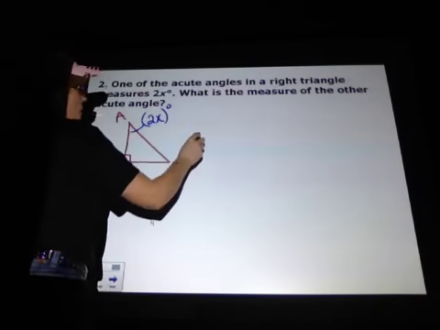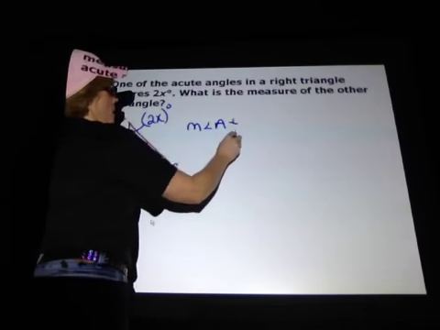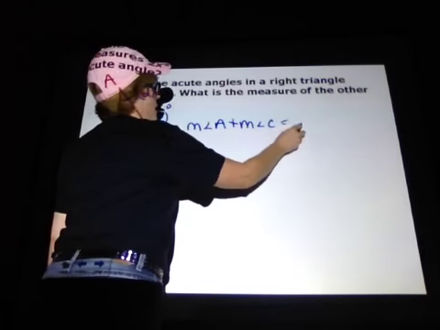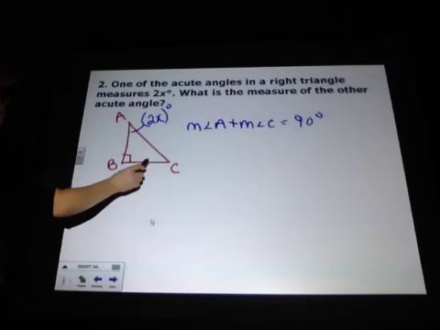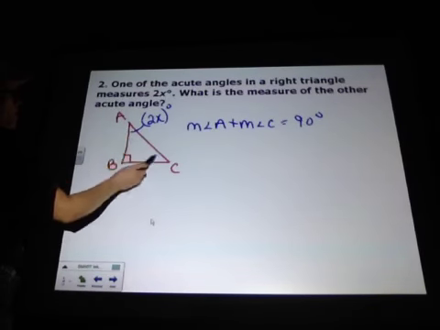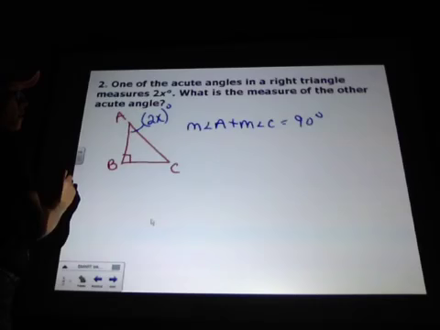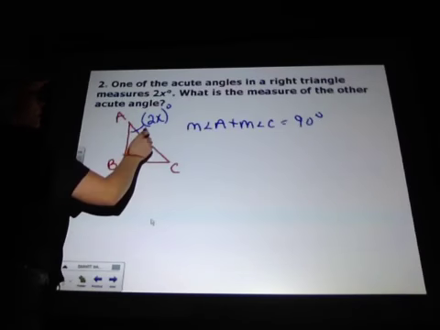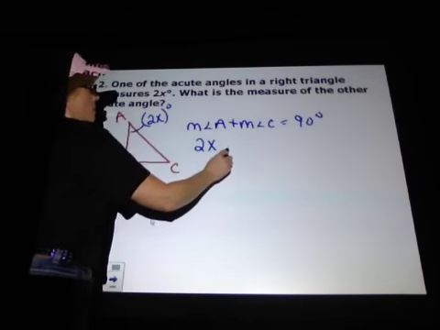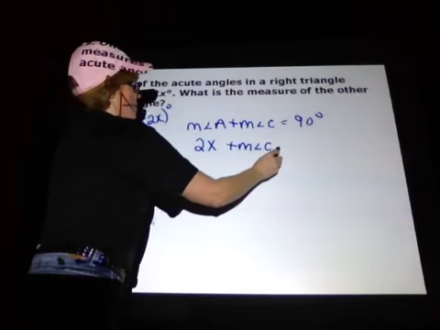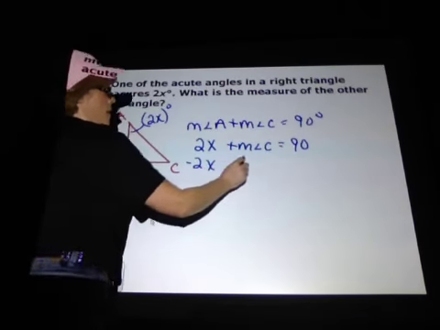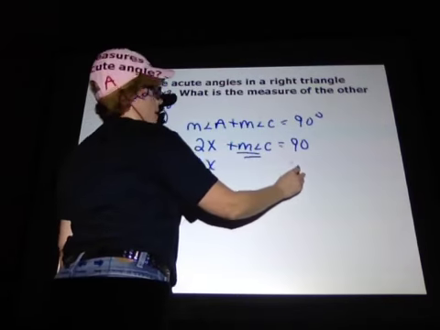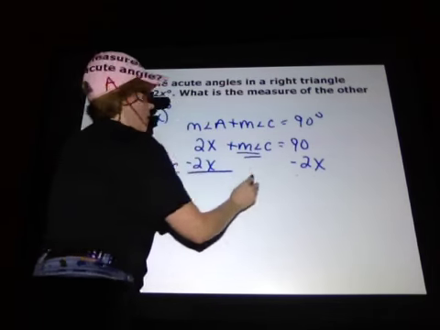So what we can do is we can say the measurement of angle A plus the measurement of angle C equals 90 degrees because of our corollary. If you have a right triangle, the two acute angles are complementary. That's what this is saying. Then we can substitute in, try to isolate it so we can find that measurement.